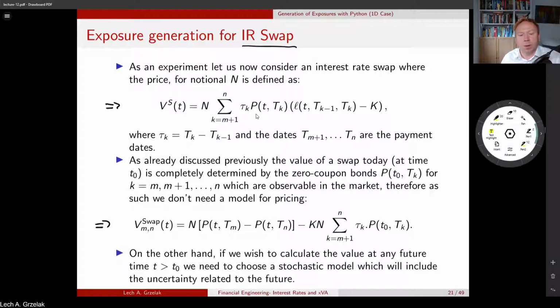The most important element, like I already mentioned before, is that in the evaluation of xVA, we always look at the future cash flows, because those are the cash flows which are exposed to the default of a counterparty. If some payments have already been made, it doesn't matter from the counterparty credit risk perspective, because you already have this money in your account. Unless somebody steals it from you, it is not really exposed to any type of default risk.